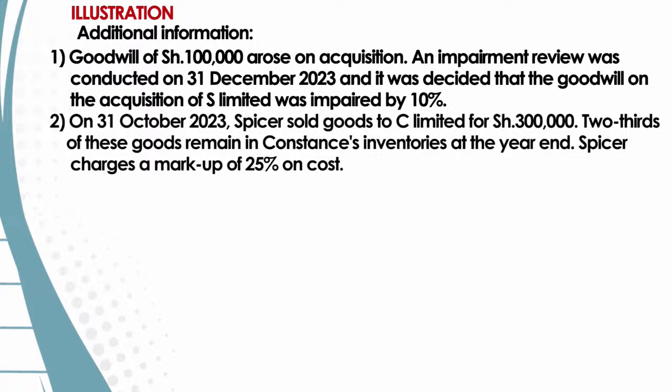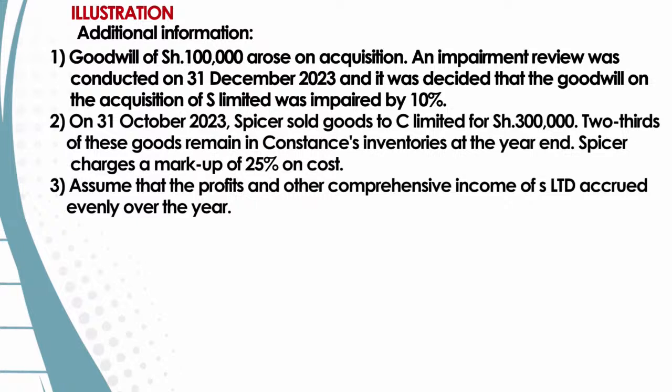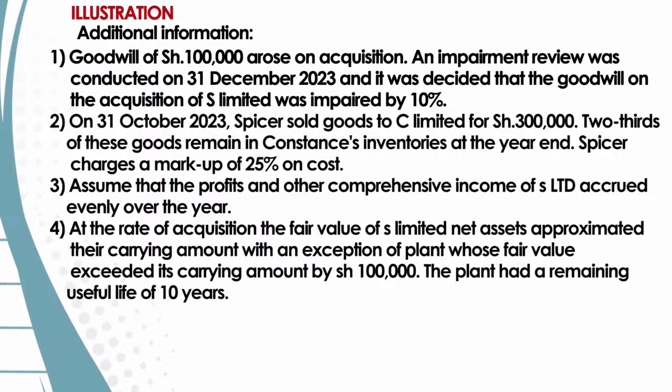Number three, we are told to assume the profit and other comprehensive income of S Limited accrued evenly over the year. Number four, at the date of acquisition, the fair value of S Limited's net assets approximated the carrying amount, with the exception of plant whose fair value exceeded its carrying amount by 100,000.